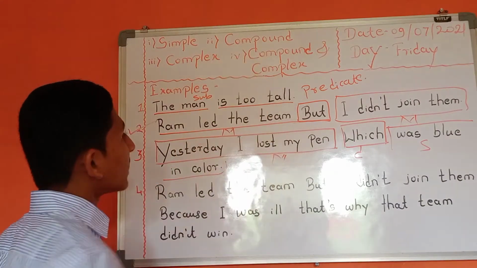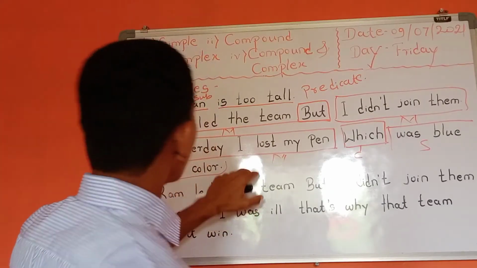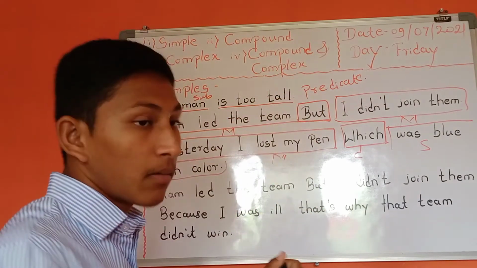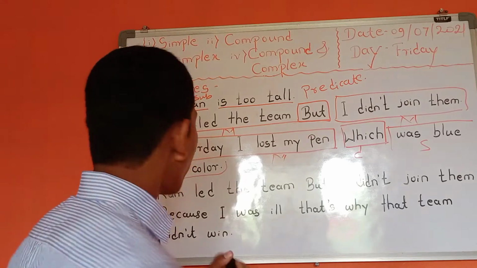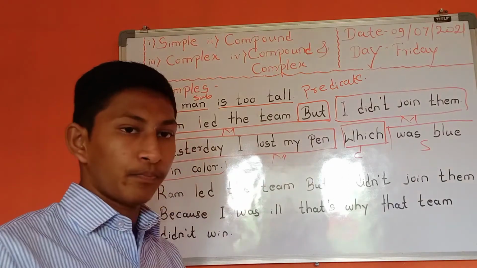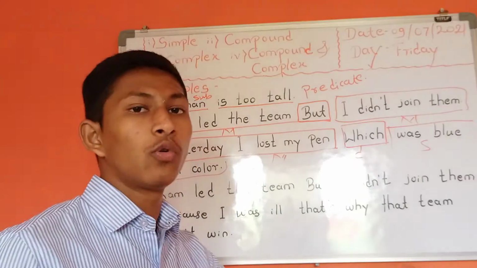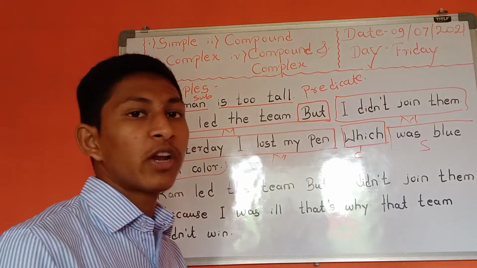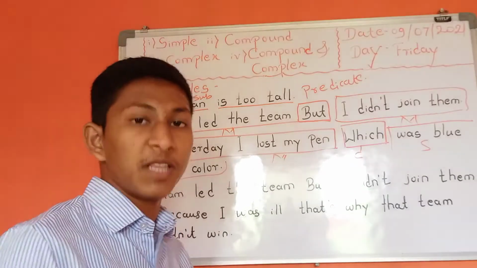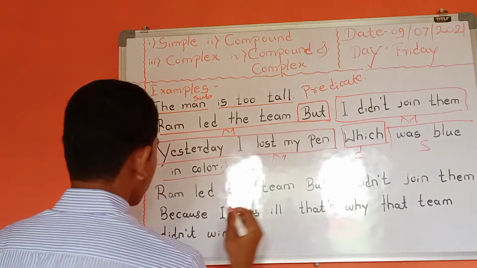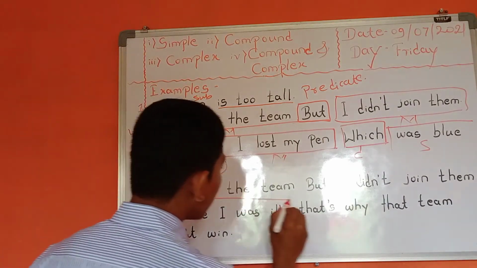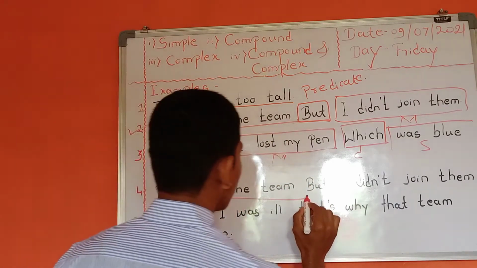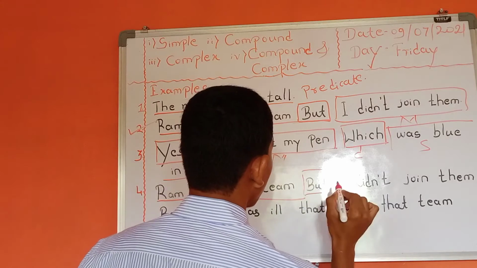Here, in compound-complex sentences, the mixed grammar topic, there will be two or more than two main clauses, and at least one subordinate clause will be there. I have given you one example here. As you can see, Ram led the team. The same sentence I have written here. But is a conjunction.